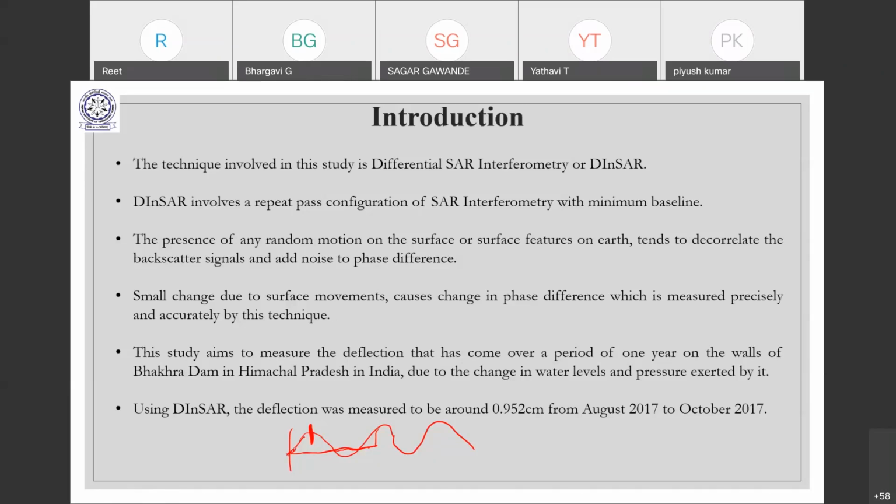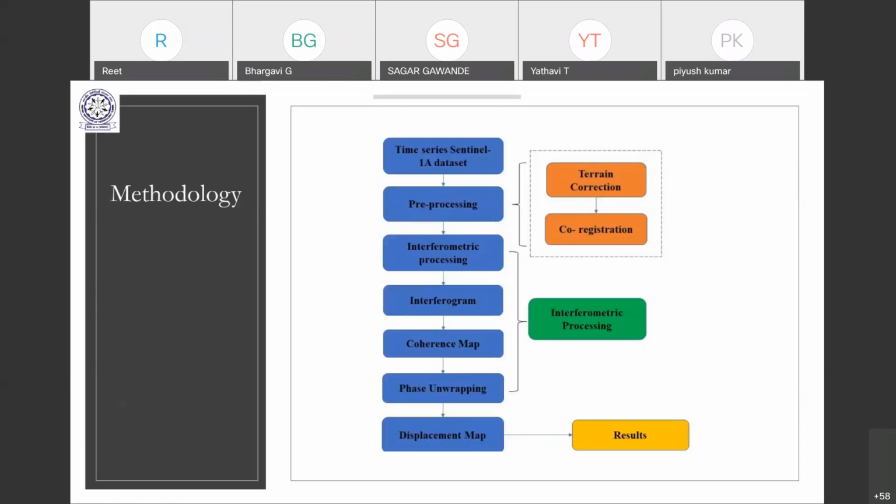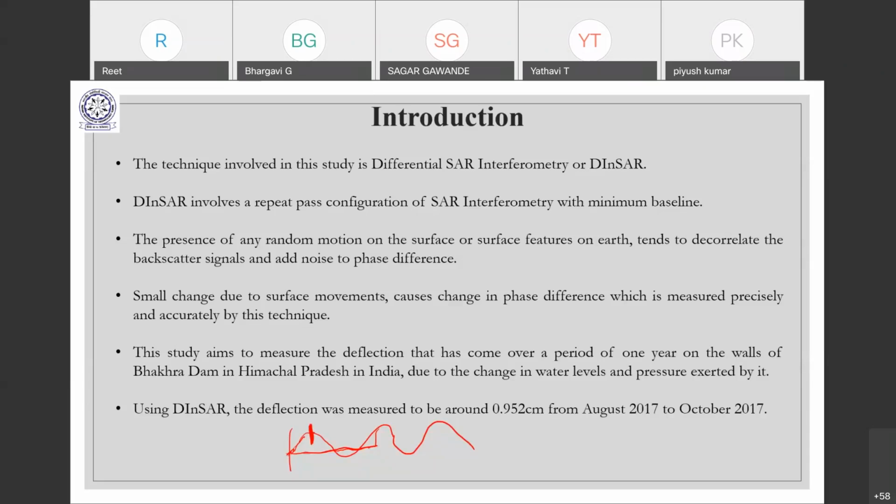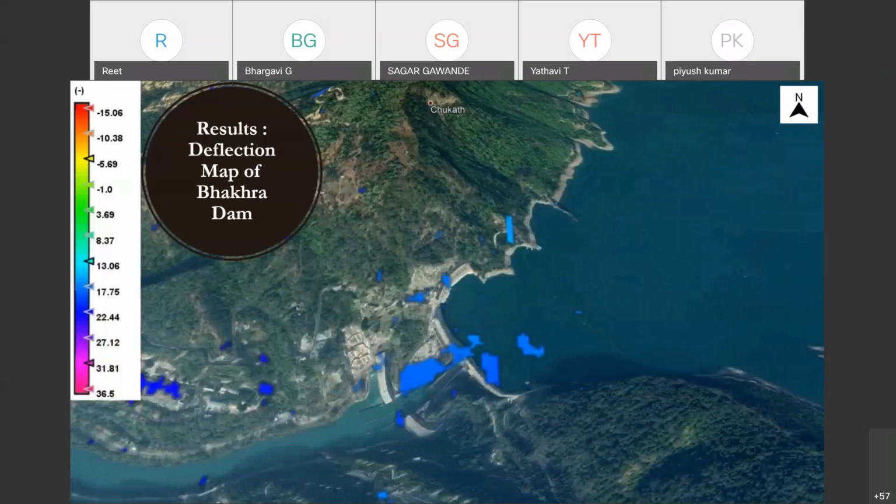Why did we select this time frame? We selected this time frame because at the end of August the dam was almost empty. Starting of August, the dam was almost at half of the level, and in August 2017 there was a huge rainfall in the upper reaches, the catchment of the Bhakra.